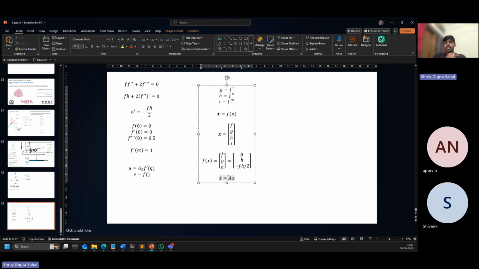Let's now take Shivank's question before we go ahead with the shooting method. Yes. My question is, the initial value problem and boundary value problems are quite understandable. They are quite explicit to understand. But what about the eigenvalue problems?